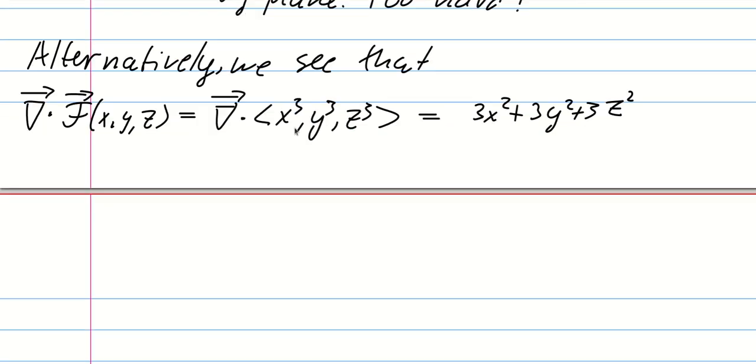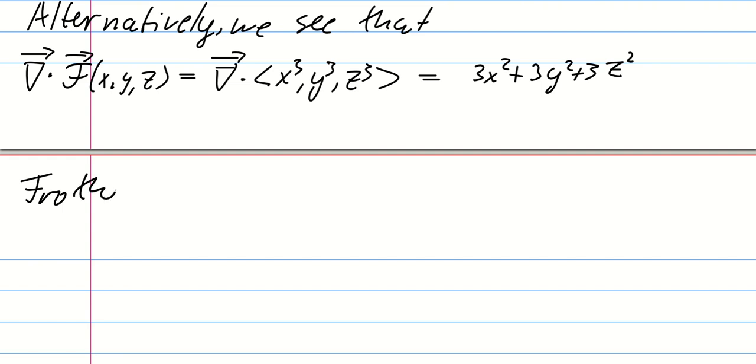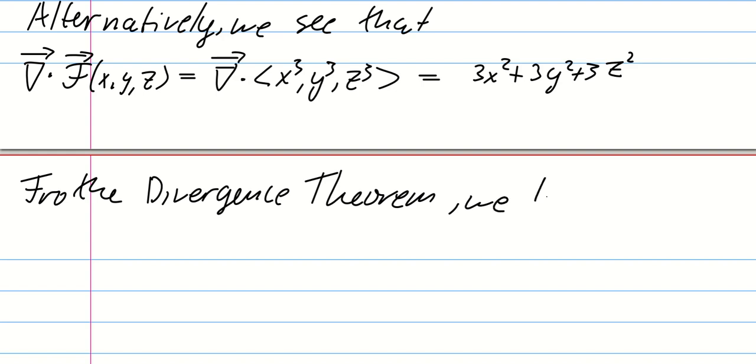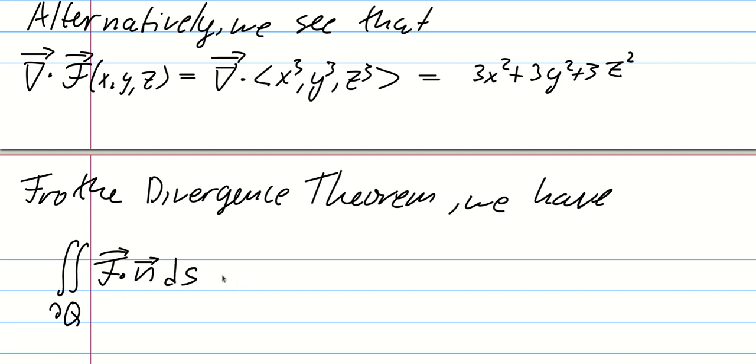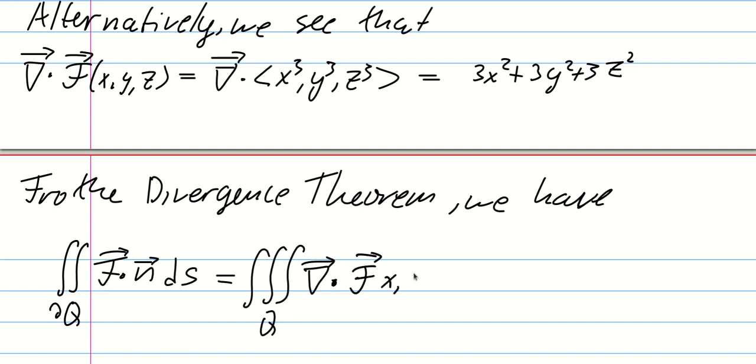From the divergence theorem, we have that the double integral over the surface of Q of F dot n, which we're not going to calculate, is just the integral over the solid Q of the gradient dot F of x, y, and z dV.